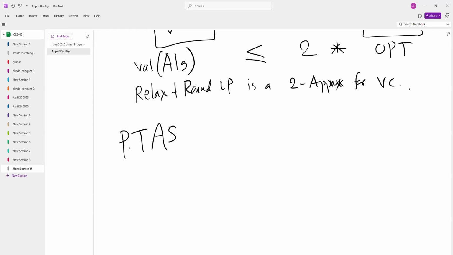It's not a hard LP in the sense that it doesn't take a lot of space. Right? What is the space? The number of variables is V. The number of constraints is the number of edges.